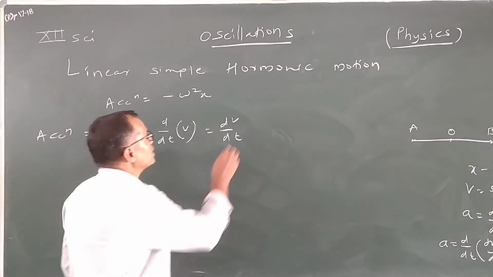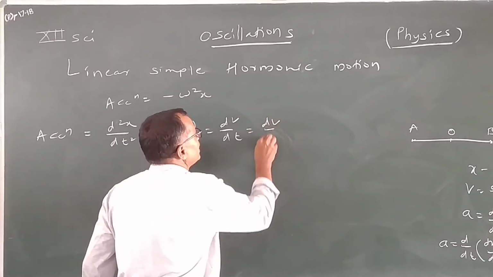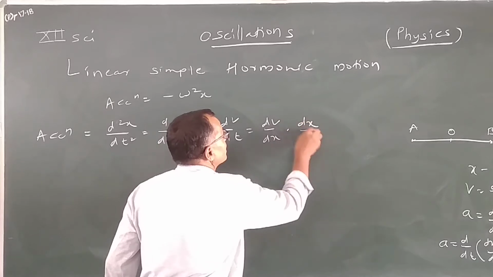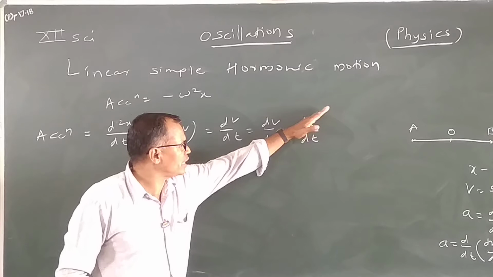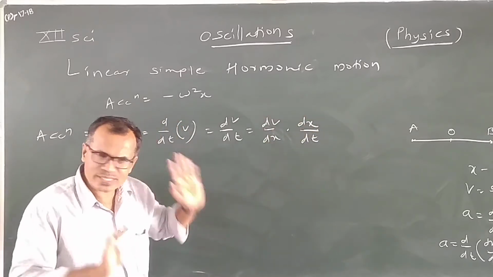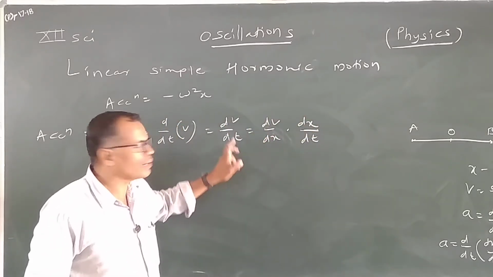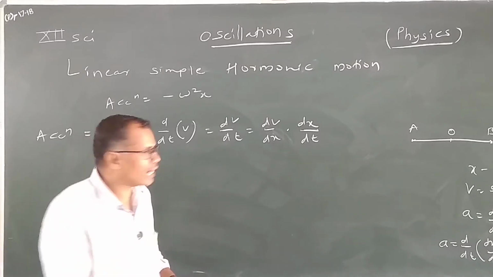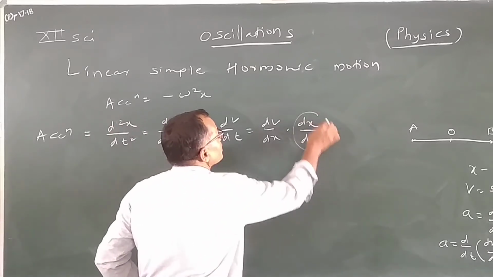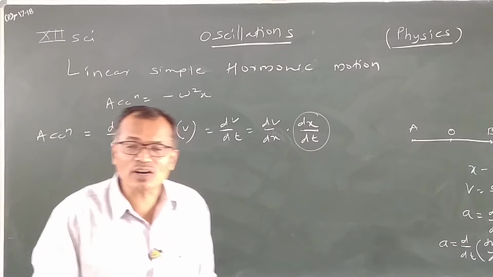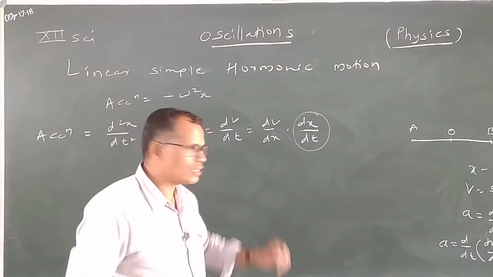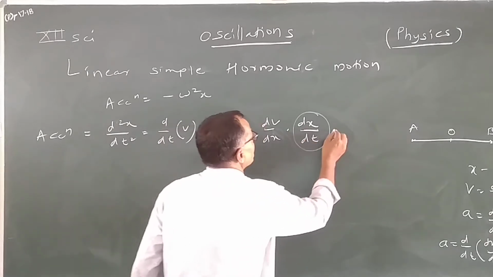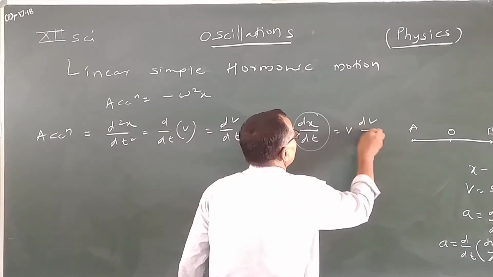Further we can write that it is equal to dv by dx into dx by dt. There is no change in the equation: if dx and dx get cancelled, the answer will remain dv by dt. But further we know that this dx upon dt is the rate of change of displacement, it is called velocity. So further this can be written as v dv by dx.